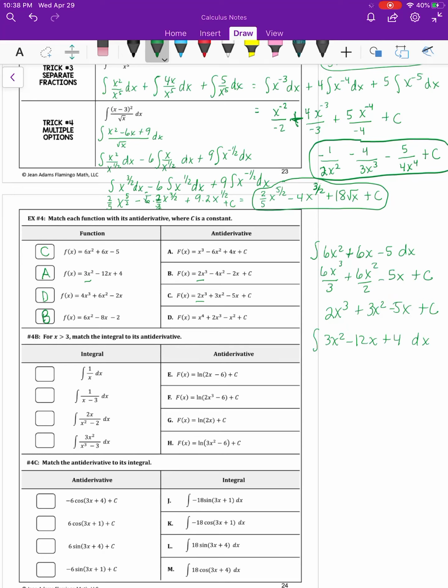Then if you did the same thing with the second one, we've got 3x squared minus 12x plus 4 dx. So if I was integrating, this would be 3x to the 2 plus 1 divided by 2 plus 1, minus 12x to the 1 plus 1 divided by 1 plus 1, plus 4x plus c. So this would be x cubed minus 6x squared plus 4x plus c.